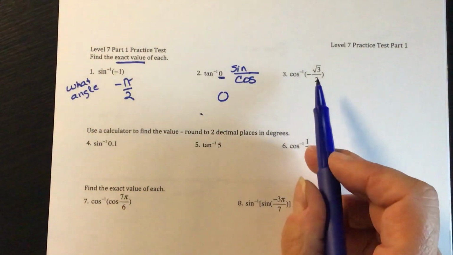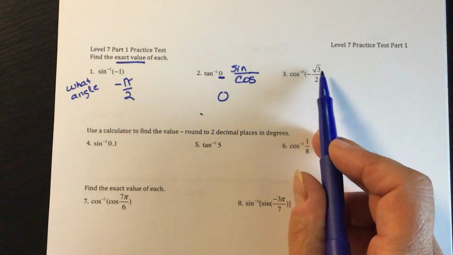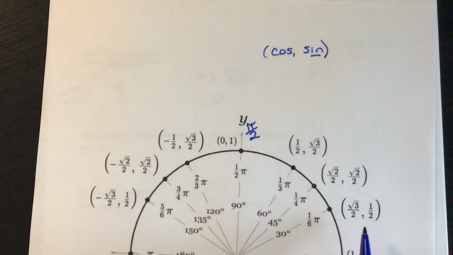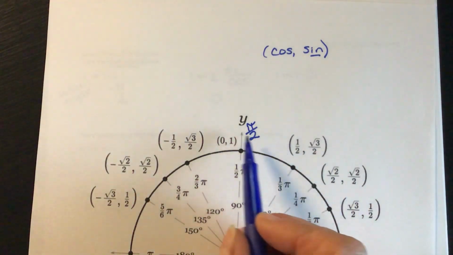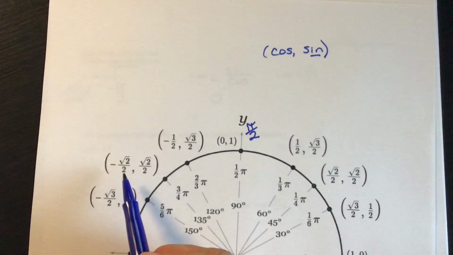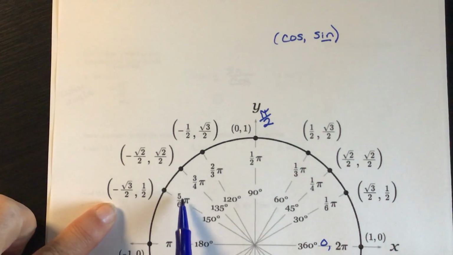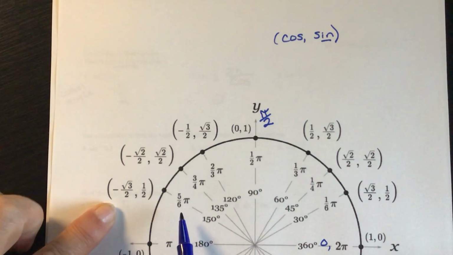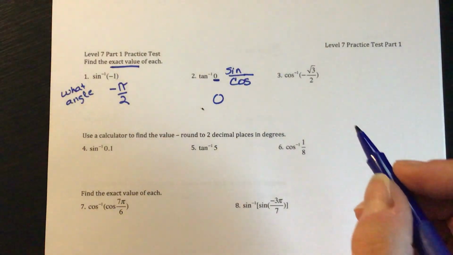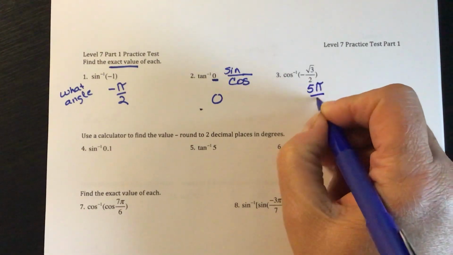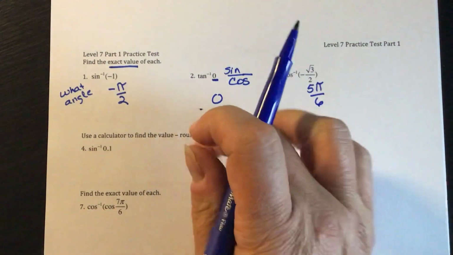So for this one, I'm looking for -√3 over 2. Cosine is the first coordinate, and I want the cosine to be negative. That's in quadrant 2. So our answer here is 5 pi over 6, and that fits in our domain.